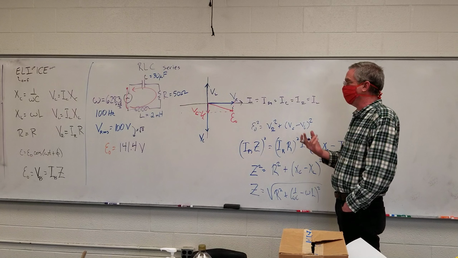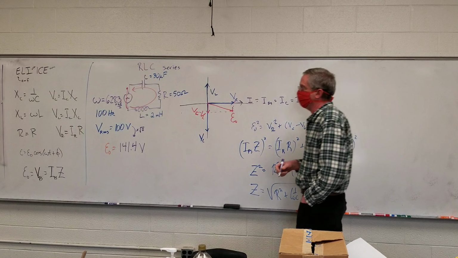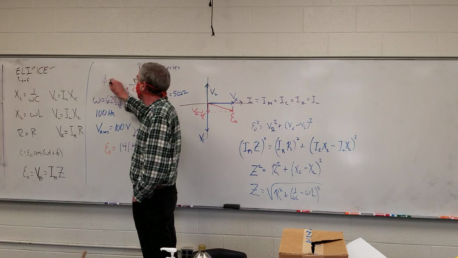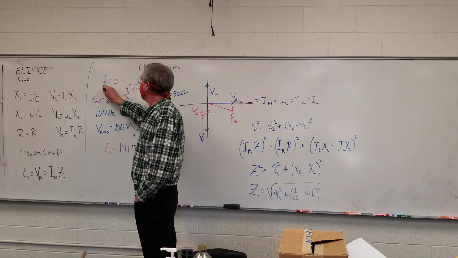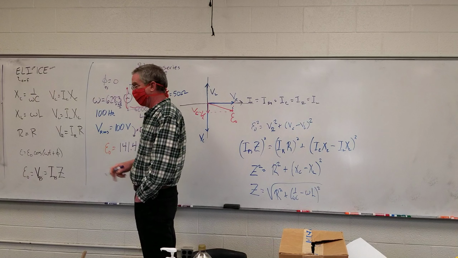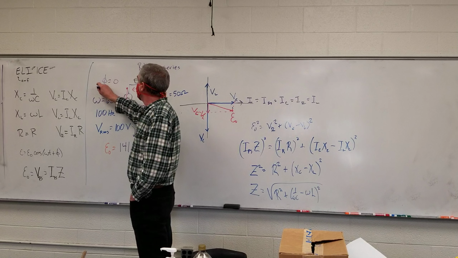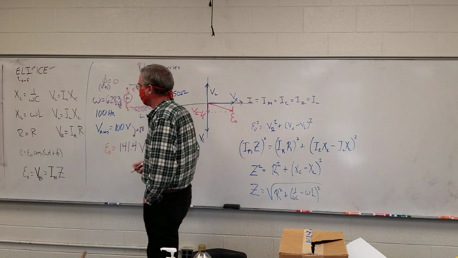All right, so we got those two. Let's go ahead and say that it starts out at the maximum, so therefore it's implying that phi is equal to 0. We'll put a little PS there to specify it's the voltage for the power supply.